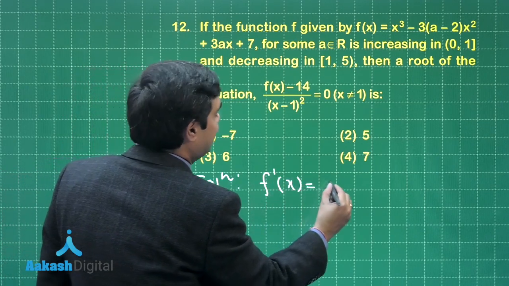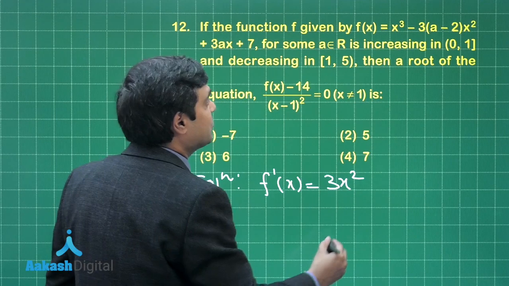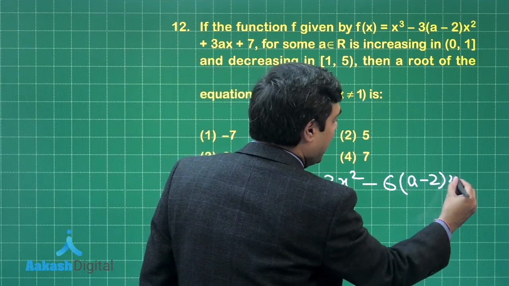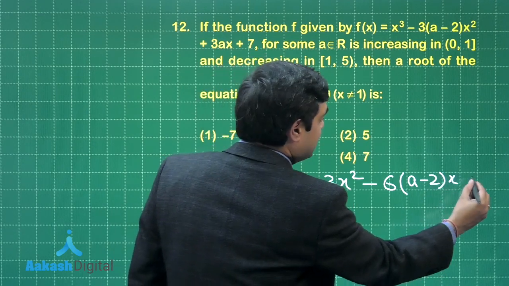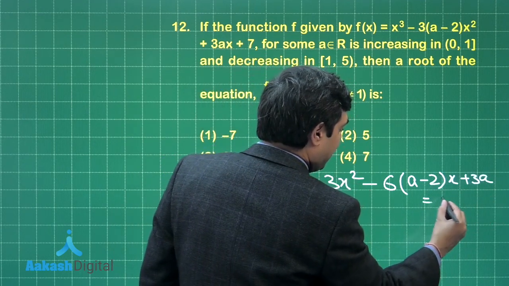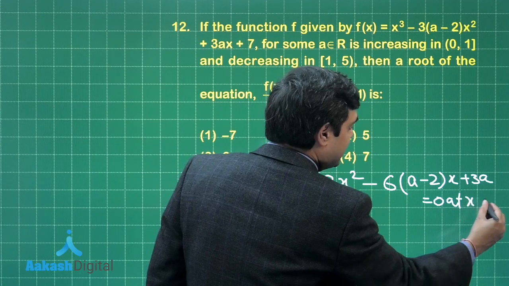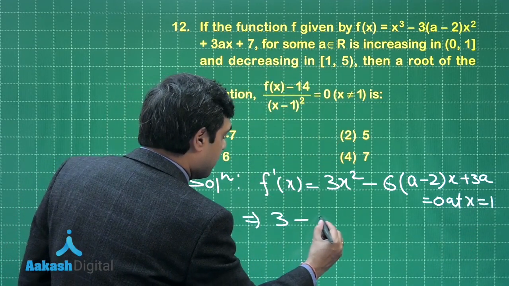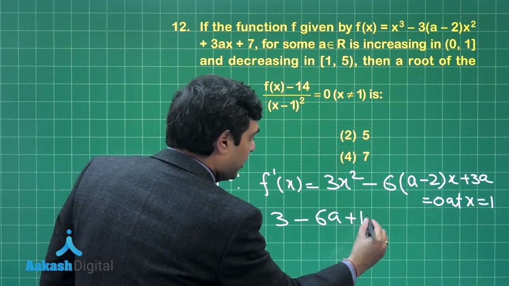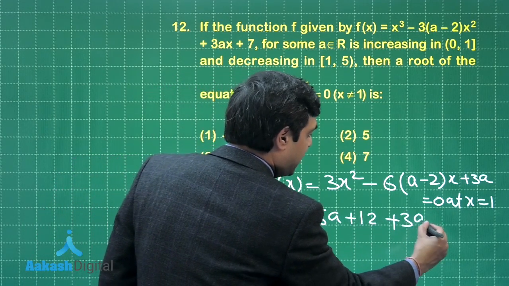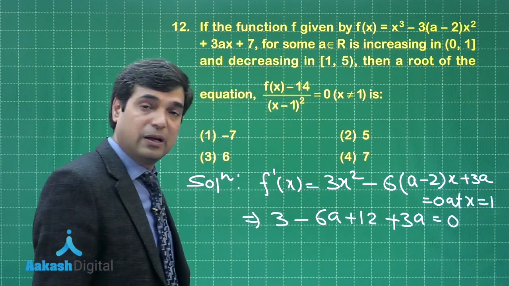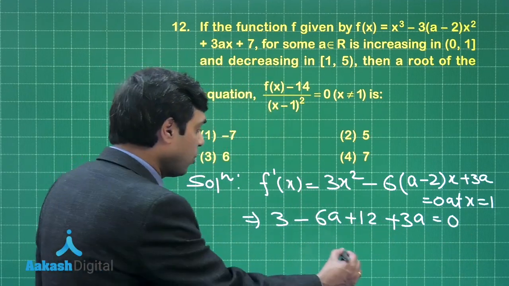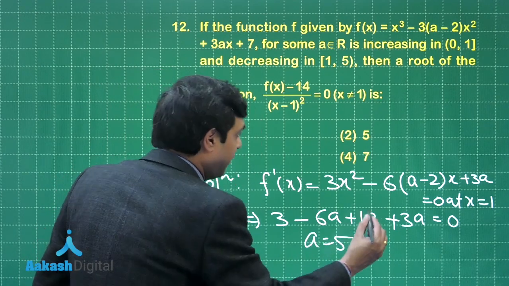f dash x is 3x square minus 6 into (a minus 2)x plus 3a is equal to 0 at x equals 1. Substituting, we have 3 minus 6a plus 12 plus 3a is equal to 0. So, that gives us minus 3a plus 15 equals 0 or a equals 5.